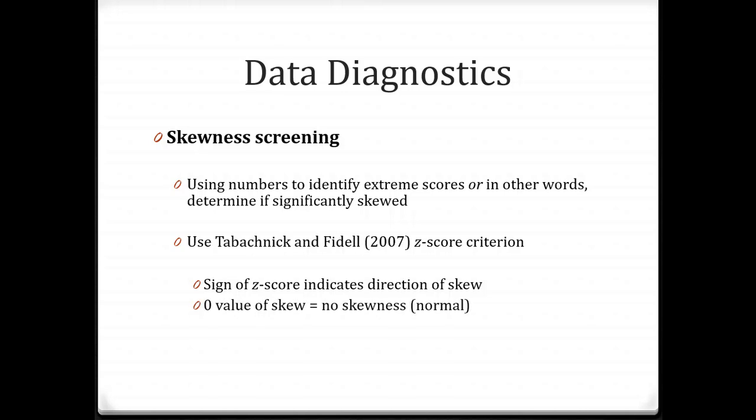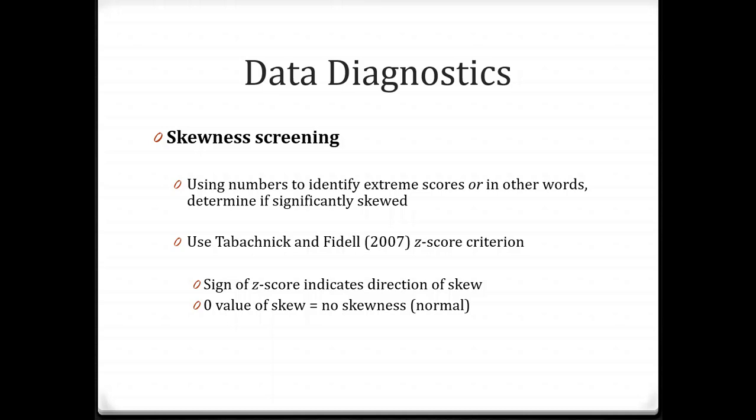But if you have a value of 0 for skewness, which is very rare because there's always a slight skew, it's very rare that you have an exactly normal distribution. A 0 value of skew indicates no skewness and a normal distribution.